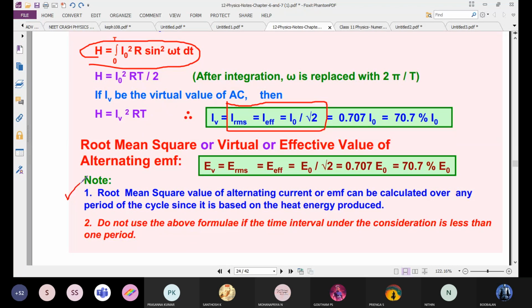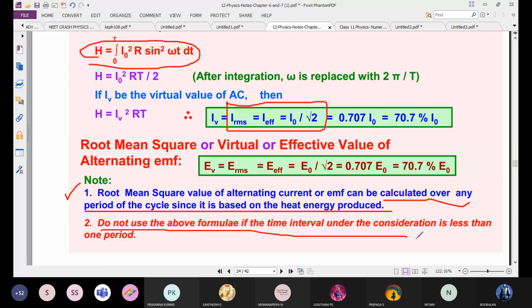And the key point, the root mean square value of alternating current or EMF can be calculated over any period of cycle: half period or 1 period or 2 or 3. But in this formula we cannot use it for less than 1 period. Please take a note.